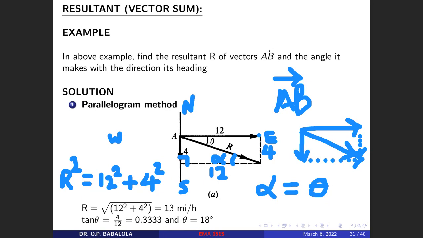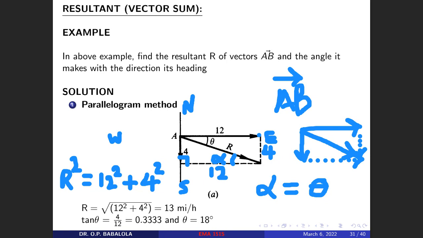Let's say it's east-south or southeast, whichever one you call it. So we're going to have tan theta, that's opposite over adjacent, right? The opposite of this is 4, and the adjacent side is 12.